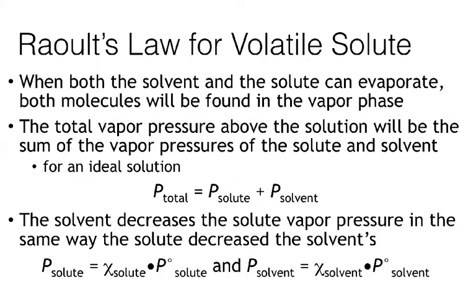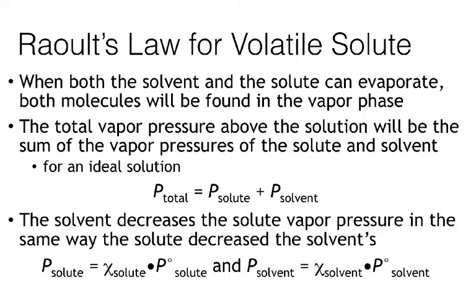If the solute itself is volatile, so let's say you're mixing something like ethanol into water, they both have vapor pressures associated with them, we can just find the vapor pressure of each individual component and add them together, just like we've done for other types of pressure.